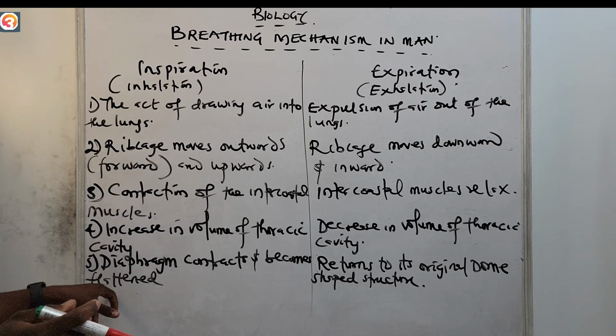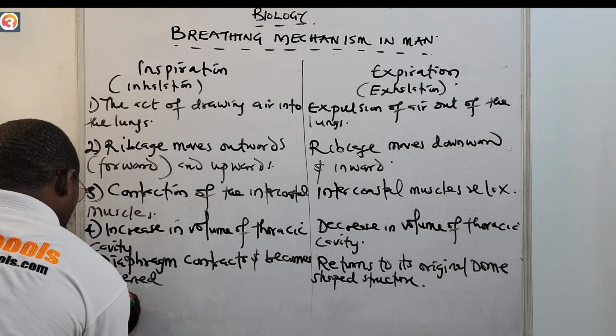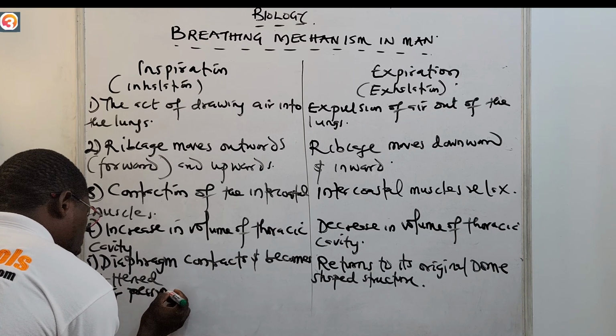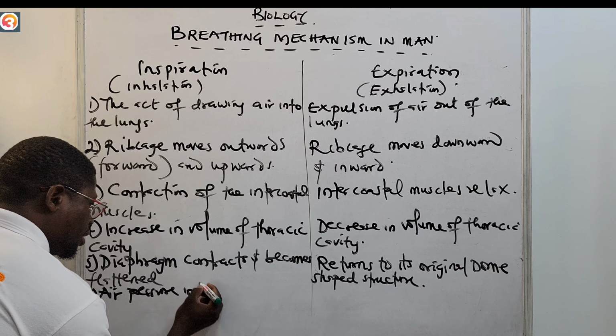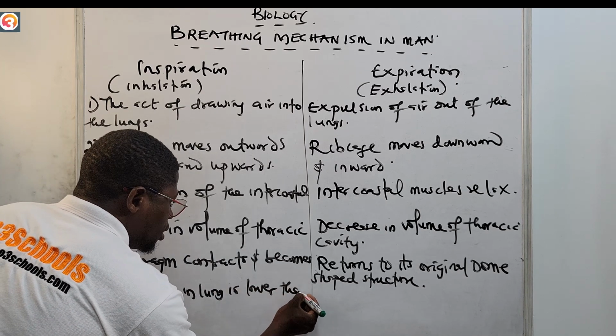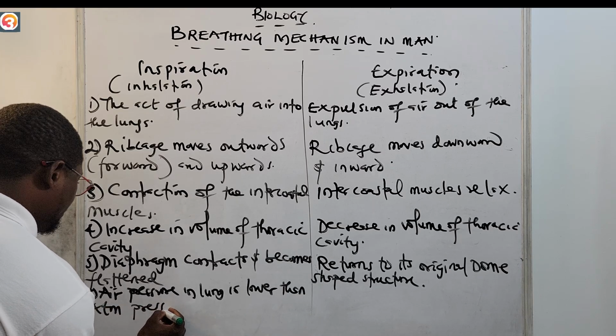So for inspiration, air pressure in the lung is lower. So you say air pressure, number 6: air pressure in lung is lower than atmospheric pressure, ATM pressure.